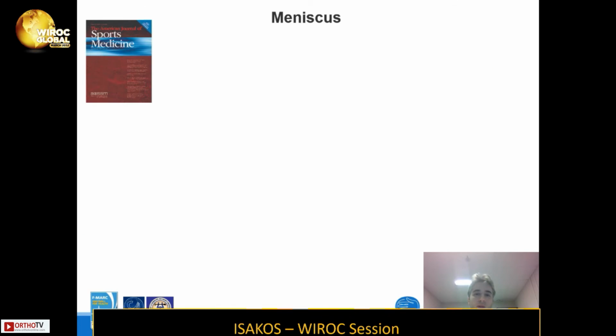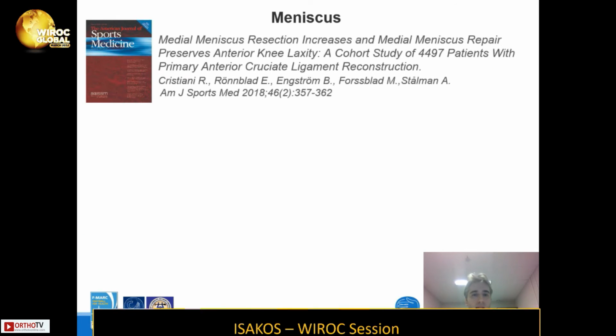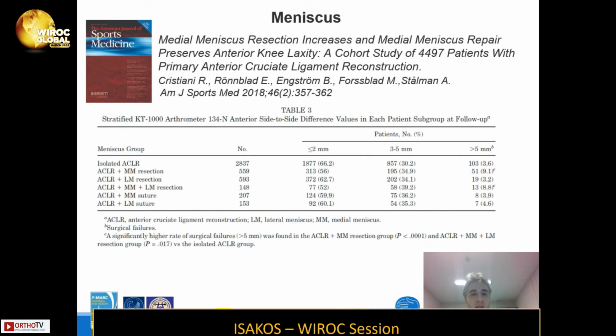Regarding the effect of the meniscus on knee laxity, we investigated the effect of different kinds of meniscal surgery on knee laxity in a separate paper which we published in AJSM. And in this paper, we found that the number of surgical failures, so the number of patients with a side-to-side difference more than 5 millimeters, was significantly higher in the group who received a medial meniscus resection in combination with ACL reconstruction.